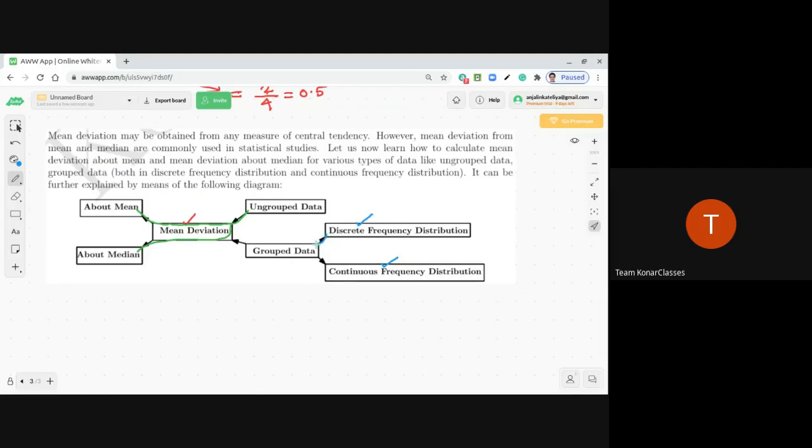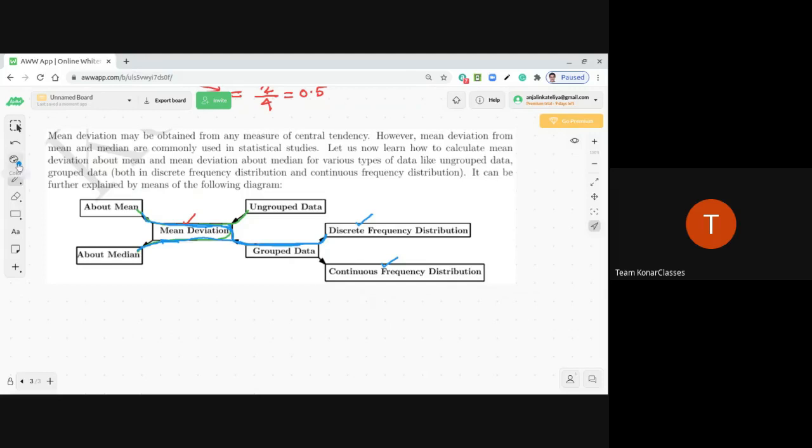For this grouped data, we can find the mean deviation about mean, and the mean deviation of the grouped data in discrete frequency distribution about median, which I have described in the blue color.